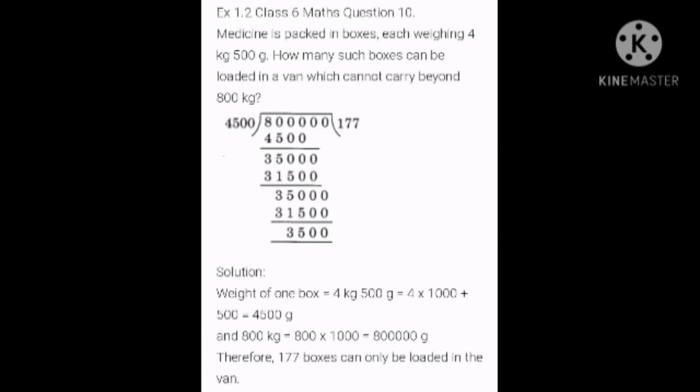So now we are going to convert that into gram again. Multiply it by 1000. 800 into 1000 gives you 8 lakh gram. So you are going to divide 8 lakh by 4500 gram. The quotient will be 177. So 177 boxes can be loaded in the van.